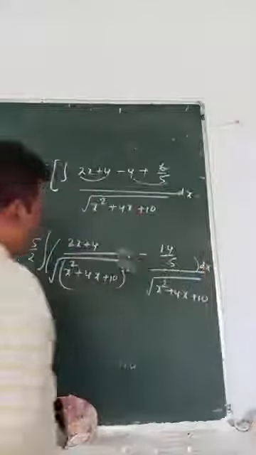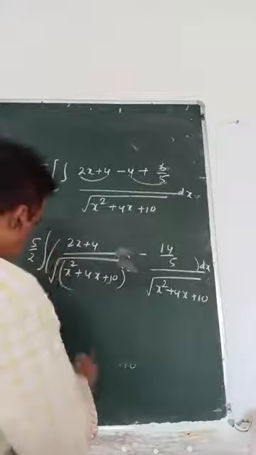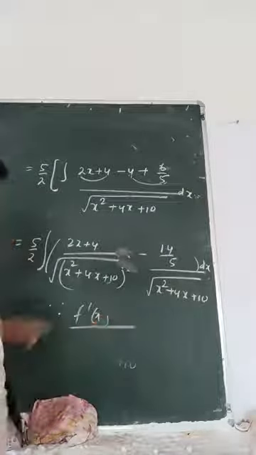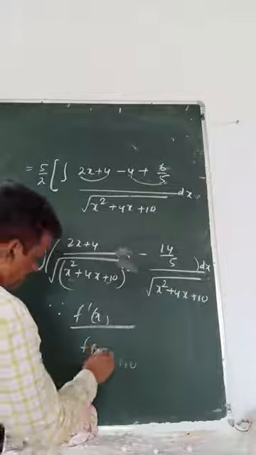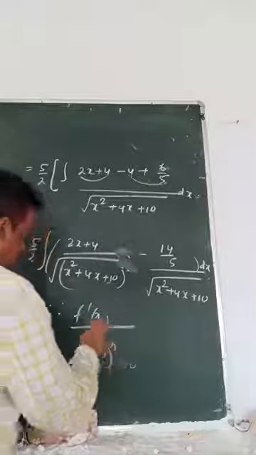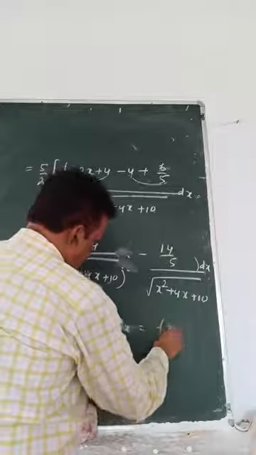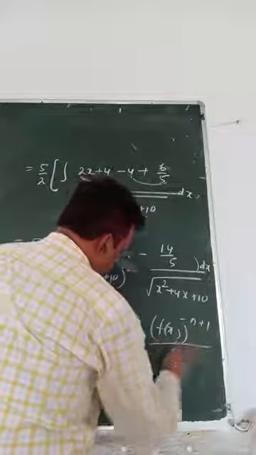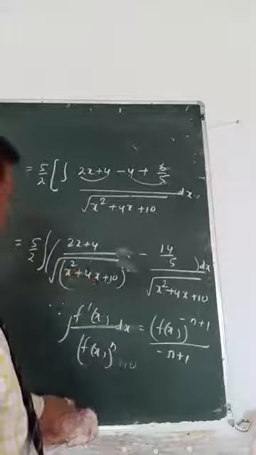What is this? This is f dash x by fx to the power n, because its derivative is f dash x by fx to the power n. How much? It is fx to the power minus n plus 1 by minus n plus 1. So n means minus half here.